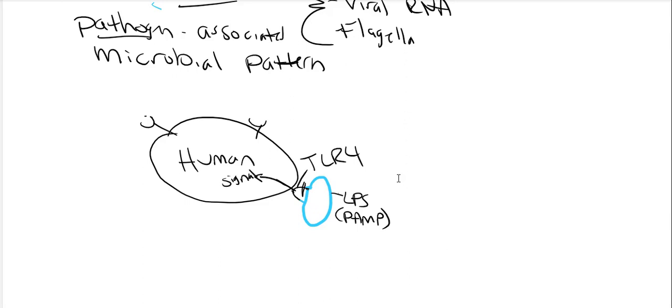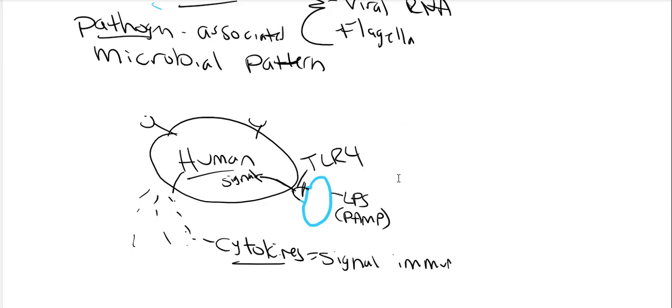The human cell says, oh my gosh, there's a PAMP in the area, and it's going to release cytokines. Remember, these cytokines will signal for an immune response. A lot of times, the toll-like receptor will activate cytokines to turn on an inflammatory response. For example, they could induce pro-inflammatory cytokines if there is LPS in the area.